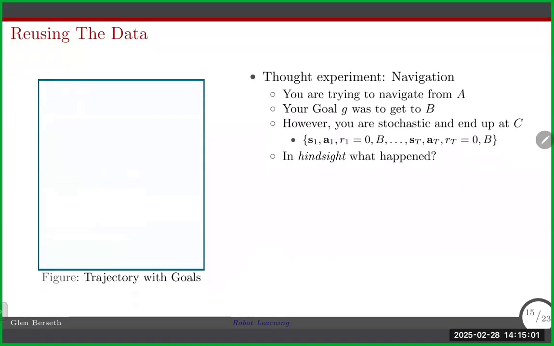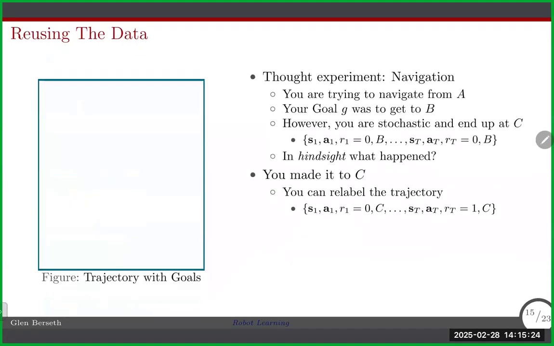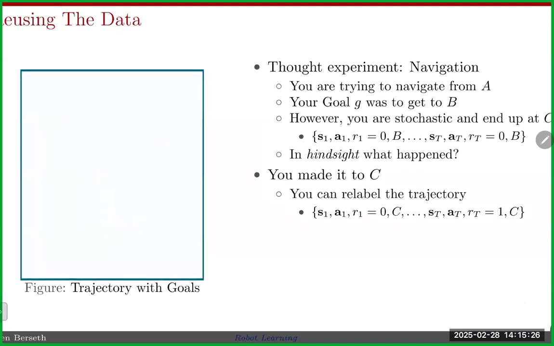And this is called hindsight. So in hindsight, maybe the goal was to get to this thing, but you didn't actually know that. In hindsight, you can go back, look at that trajectory, and say that C was the actual goal to get to, because that trajectory knows how to get to C. It's got all the data for it. It doesn't know how to get to B, but that doesn't mean it doesn't have the information to go from A to C. So you can basically relabel this process.